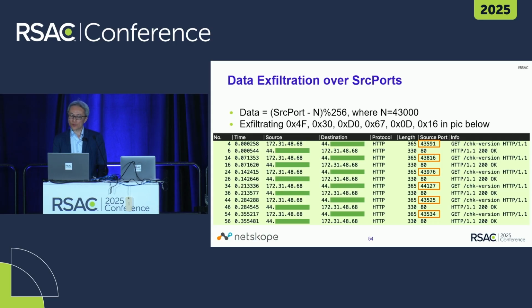On the far right, we can see a packet dump of some very normal web traffic. It keeps checking some kind of software version, maybe looking for new updates. But underneath, there's something shady going on that exfiltrates special data in the value of the source port.